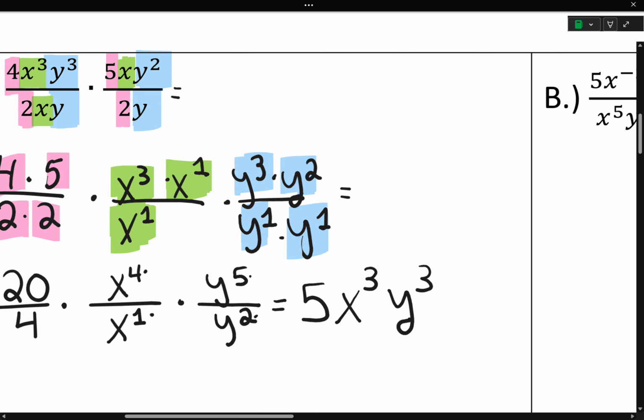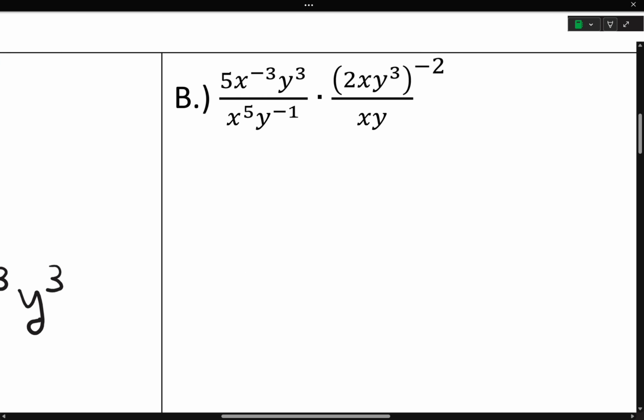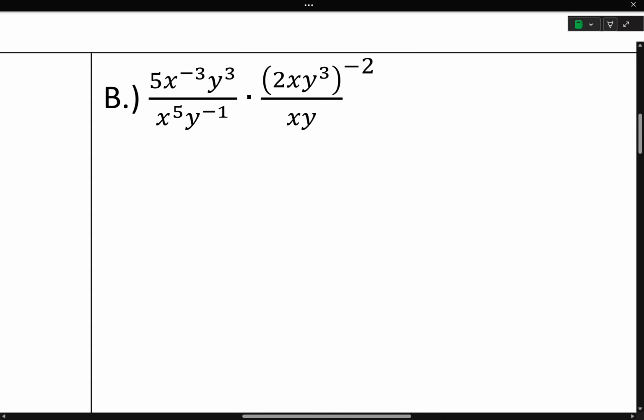Let's take a look at B, because this one has parentheses and negatives. Ooh. We'll still do it the same way, but we do need to take care of the parentheses first. Order of operations says so. Remember, I got 1's for the 2 and the x, and I'm going to multiply the powers by that power. The first fraction remains the same.